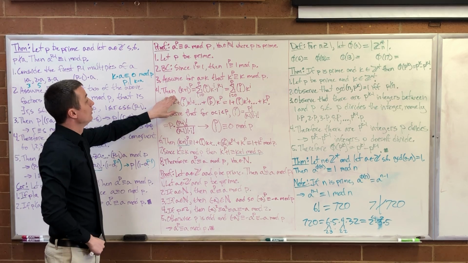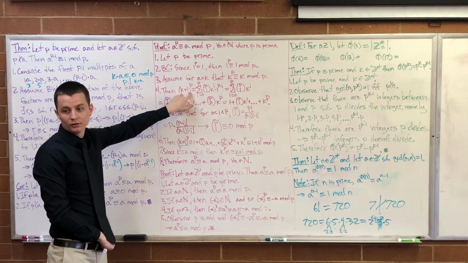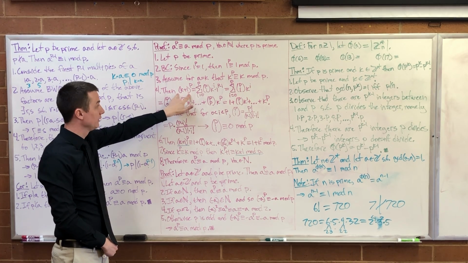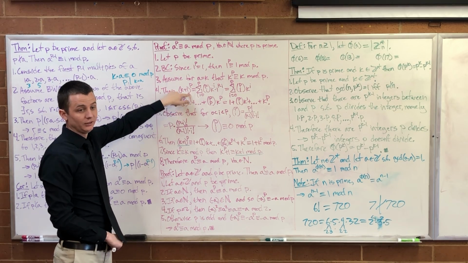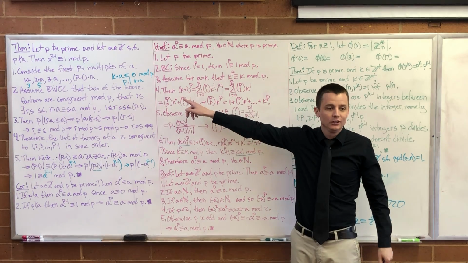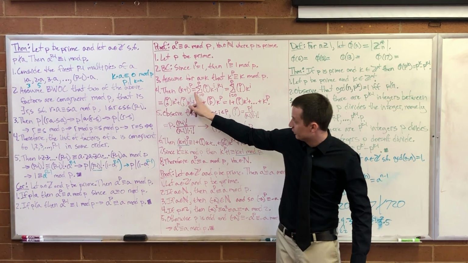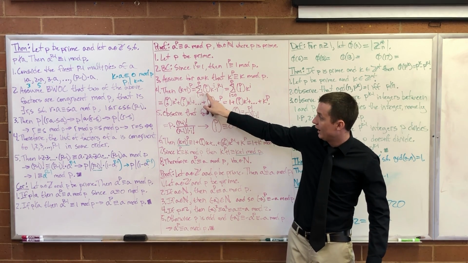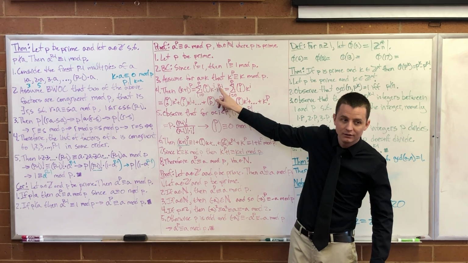So then k plus 1 to the p, binomial theorem. Remember the binomial theorem? How to expand this thing out? Well, if Leah does, then you all do for sure. So let's just write it out. k plus 1 to the p is equal to the sum from i equals 0 to p of p choose i times k to the i times 1 to the p minus i.